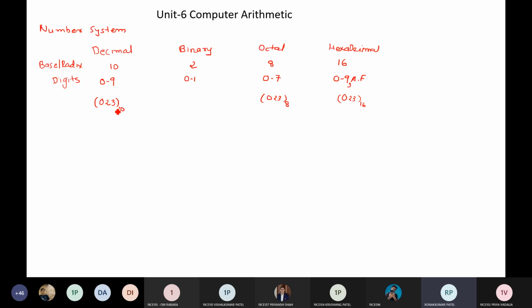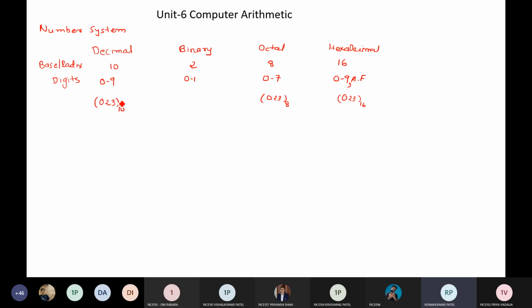This is decimal, the number system that we understand, so 23. Now if you convert this octal into decimal, it will give you a different decimal value. If you convert this hexadecimal into decimal, it will give you a different value. This way you will understand whether it is a hexadecimal, octal or decimal representation.